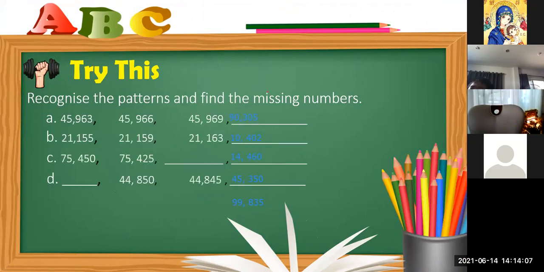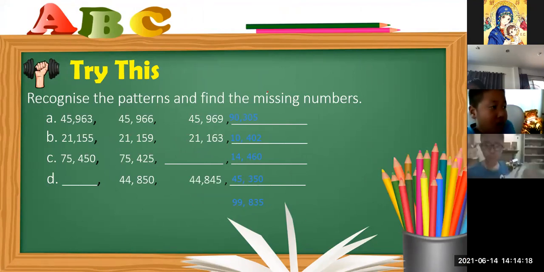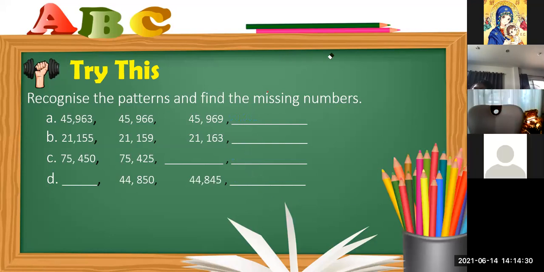Get your book and answer it on page 11, okay? Recognize the patterns and find the missing numbers. Let me erase this one first. Now, I want you to answer these questions.